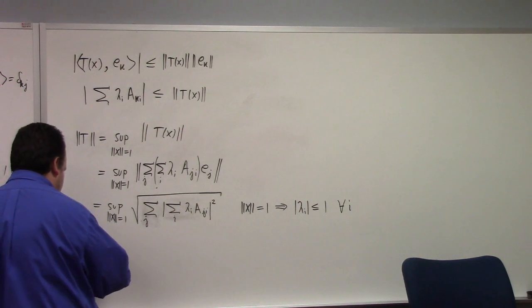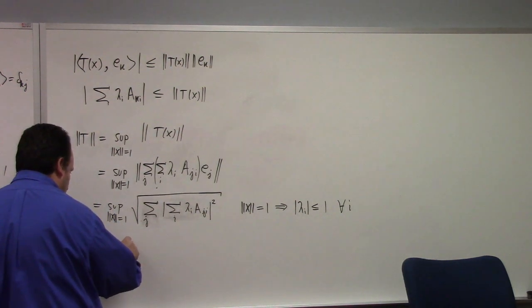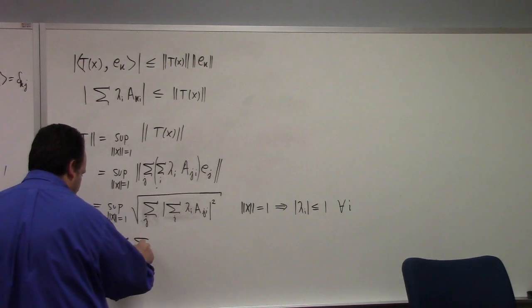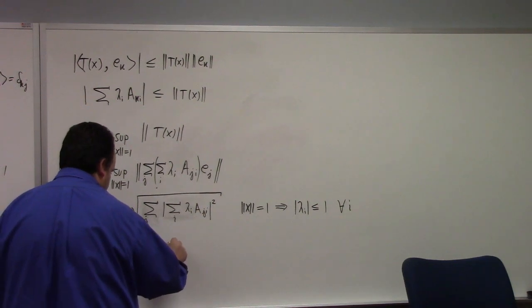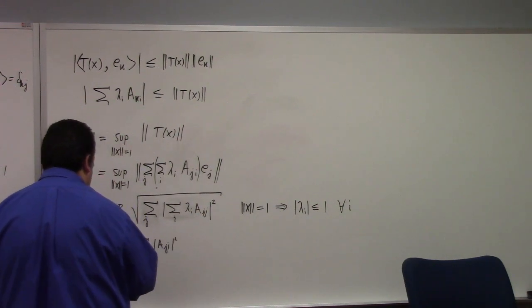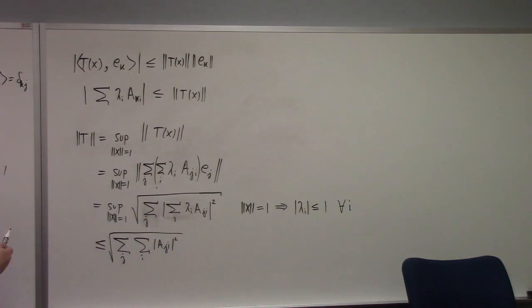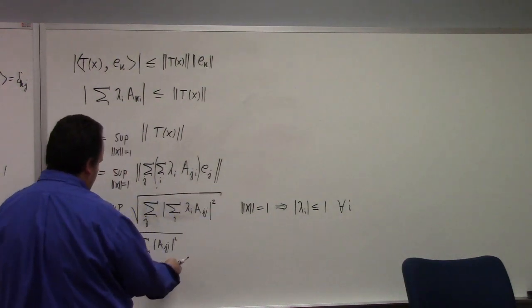So this is less than or equal to the square root of the sum over j, sum over i of the absolute value of a_ji squared. What I mean to say is that the thing inside the supremum is bounded by this.